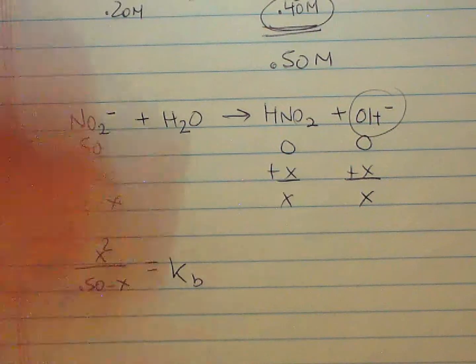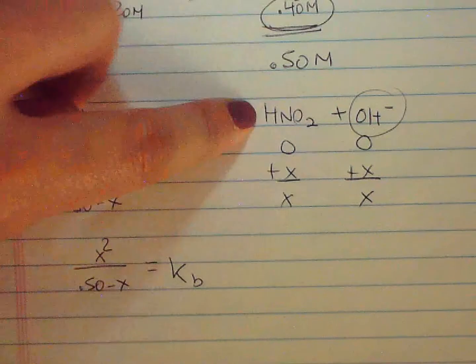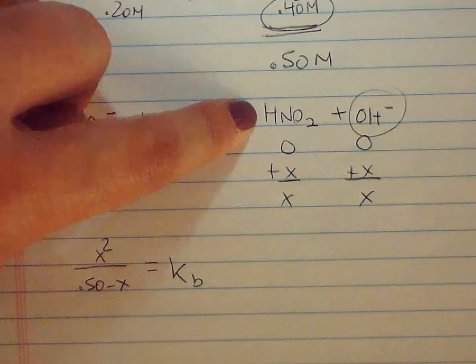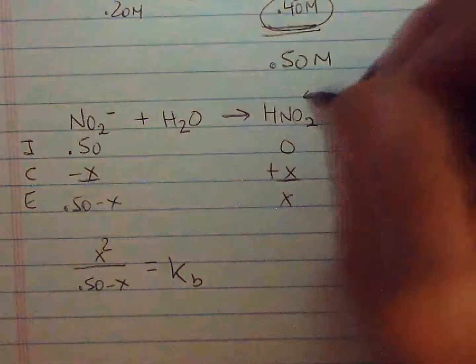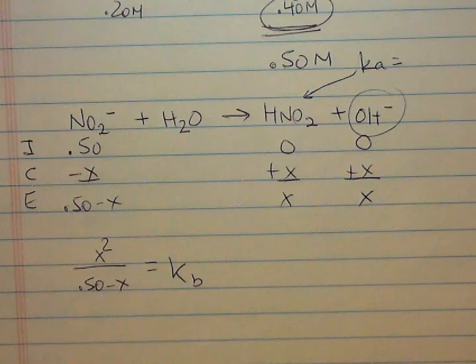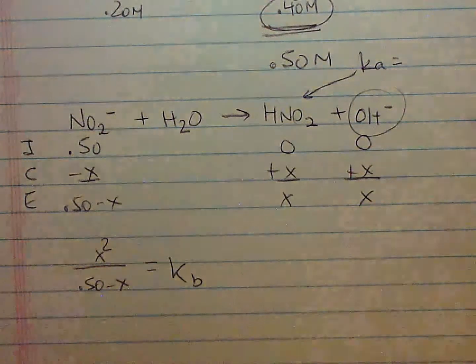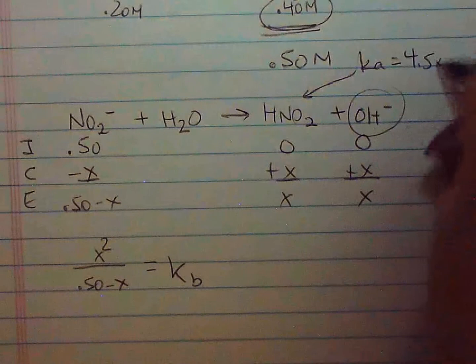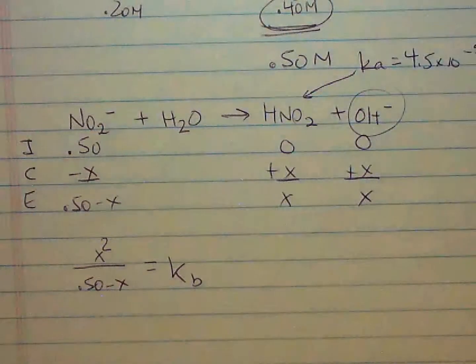All right, so how do I get Kb? Well, if I look in the back of the book, they're going to give me the Ka for HNO2. All right? The Ka for this is, let me look this up. Is it 4.5 times 10 to the negative fourth? Yeah, 4.5 times 10 to the negative fourth. All right, so how do I get Kb out of Ka?